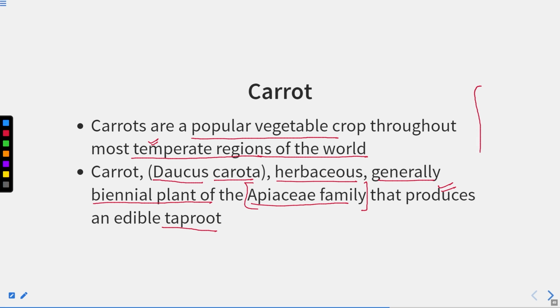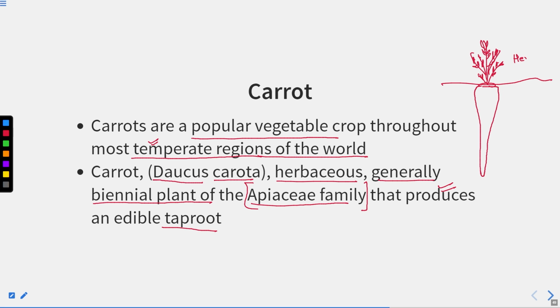If you see the structure of a carrot, it is like this, right? This is the root, this is the base of the stem, and here it is having the leaves, like this. So this is herbaceous, right? This is the ground.